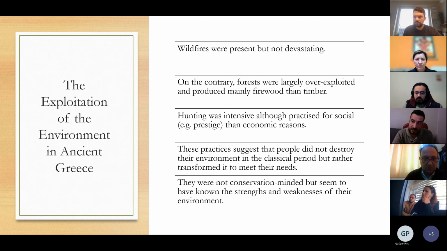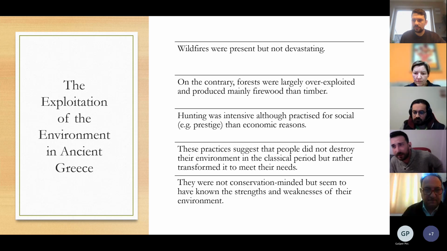If we take these practices into consideration, we can conclude that people didn't really destroy their environment in the classical period, but rather chose to transform it to meet their specific needs.